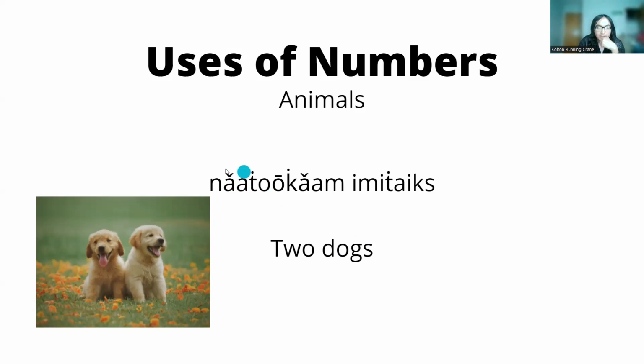And again, can't stress this enough, this format is more so saying there are 2 dogs than it is saying just 2 dogs. Because if 2 dogs was a name or something, then it would be translated differently. Then you would just use the number prefixes and say Nazi imitate, meaning 2 dog.